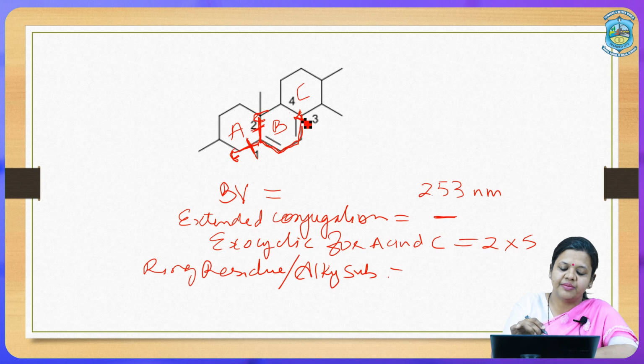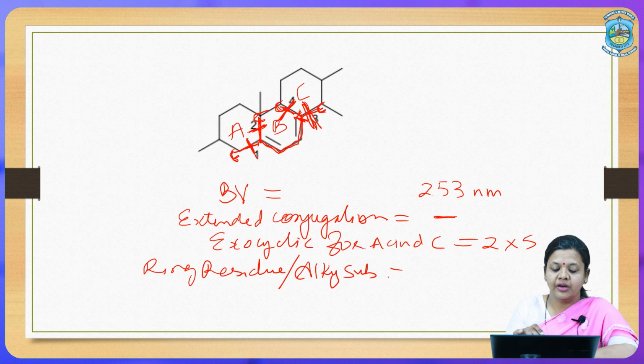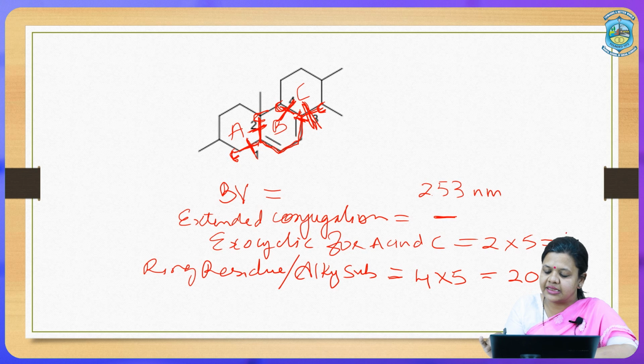Then at this terminus you can see a line going here, here also is a carbon, and a line going here, here also is a carbon. That means 3 and 4. There are 4 ring residues, no alkyl substituent, all are part of the ring. So, again for each ring residue we add a 5. So 4 multiplied by 5 is 20, and the exocyclic part is 10.